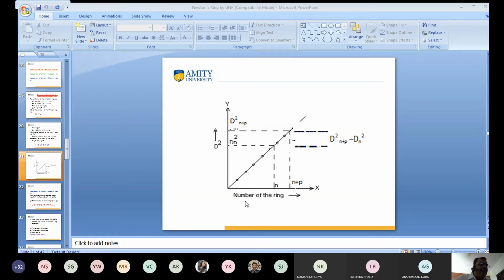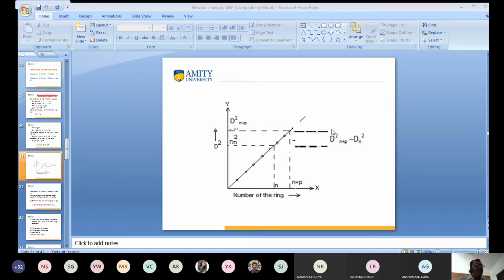Suppose we take more than n, that is n plus p. This gives the square of the diameter of the n plus p ring. The difference between these gives the value of D square n plus p minus Dn square.